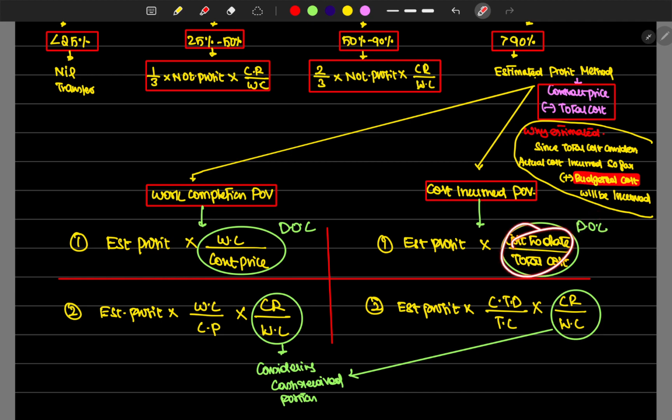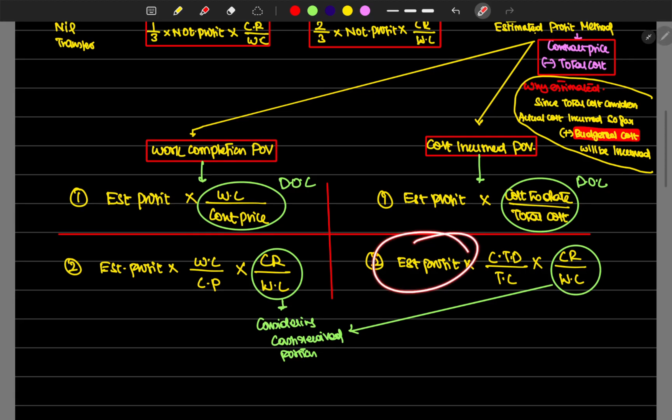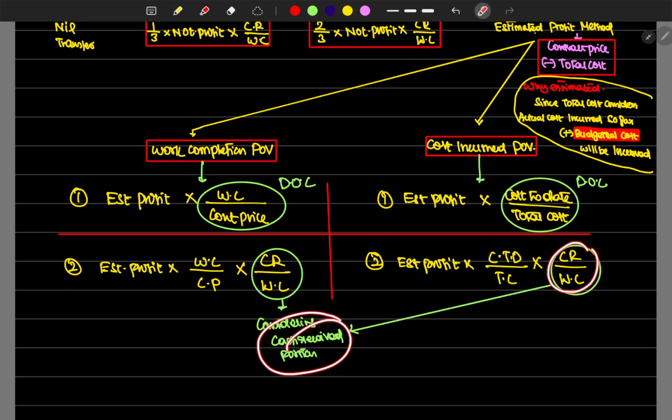This is one way of calculating the estimated profit: cost incurred to date divided by total cost. Then we have the estimated profit, and here also we are considering the cash received portion, following utmost prudence.